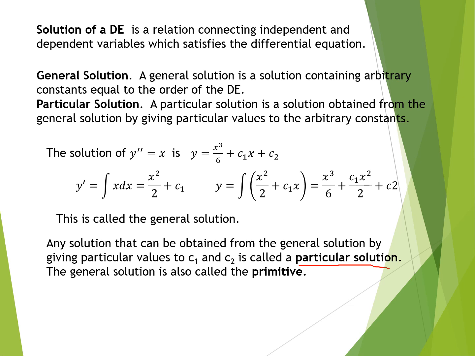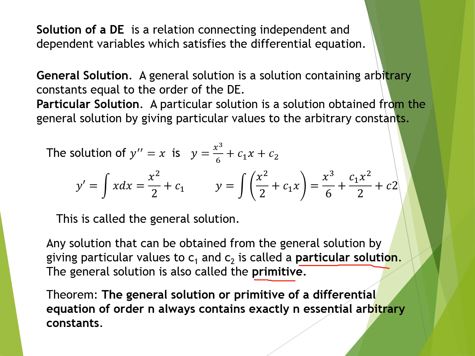That means if we give values for c1 and c2, which will depend upon the conditions of the problem, that will give you a particular solution. And another term for the general solution is a primitive.